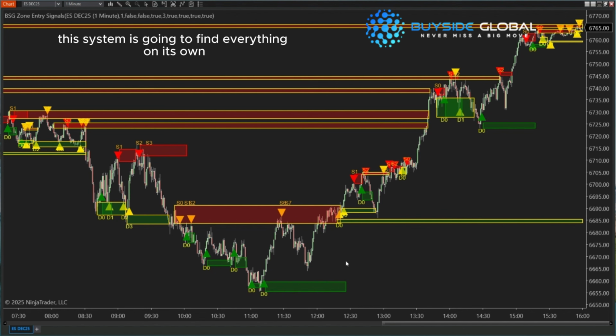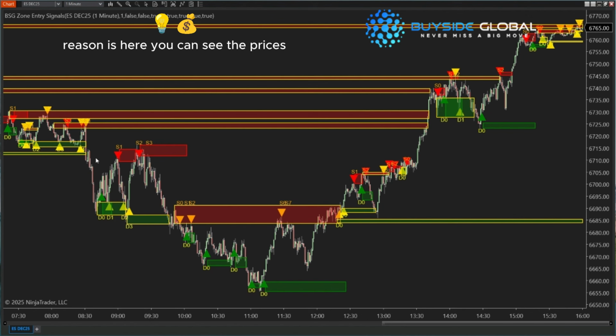That's why this system is going to find everything on its own. But one problem is that it's going to give you every demand, but you don't have to take every demand and every supply. You can take only the signals. Red means the supply zone, green means the demand zone, and the yellow arrows, yellow zones, are the tradable signals.